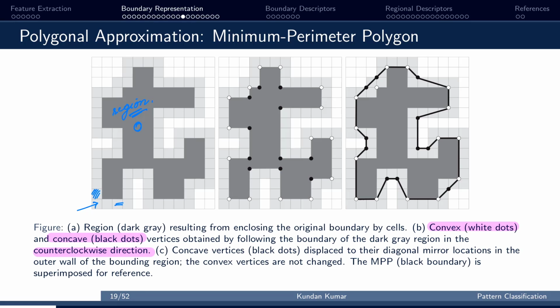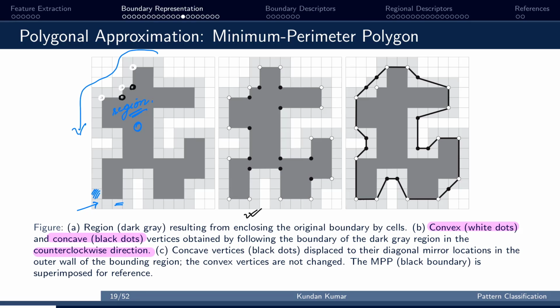That means we scan counterclockwise, and wherever we find a convex point, that will be our white dot, and wherever we find concave vertices, we denote them as black dots. So we will get this type of representation of the boundary.